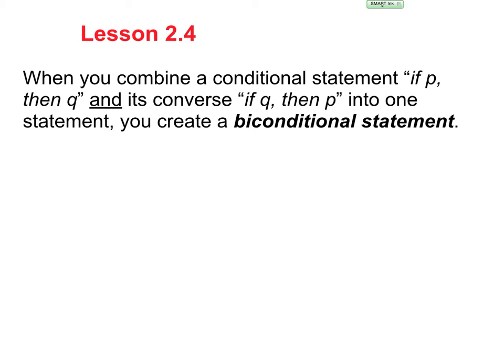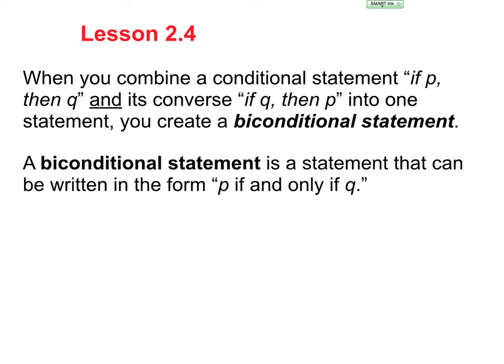Okay, the conditional statement, if P then Q, and the converse, if Q then P. So the two that go reversing combine to make what's called a biconditional statement. That means it could go both ways.